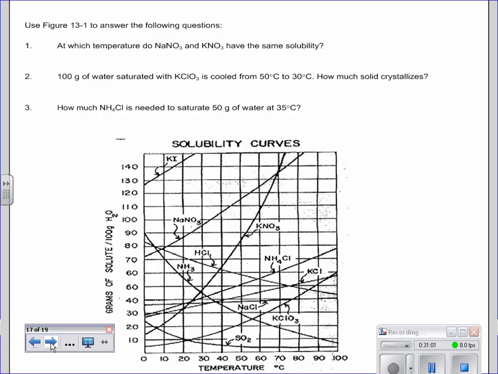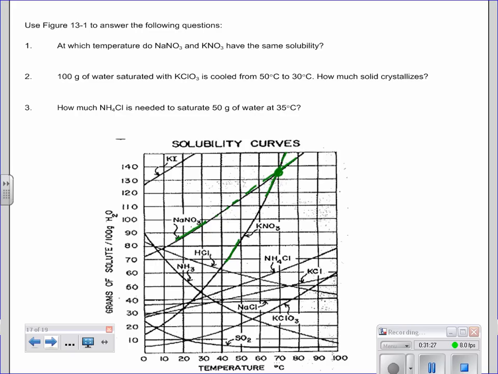So the first question that we have here, it says, at which temperature do sodium nitrate and potassium nitrate have the same solubility? So when I look at those, here's my sodium nitrate on this line and my potassium nitrate on this line. So when do they have the same solubility? Yeah, you can come up here and see this is where they cross.